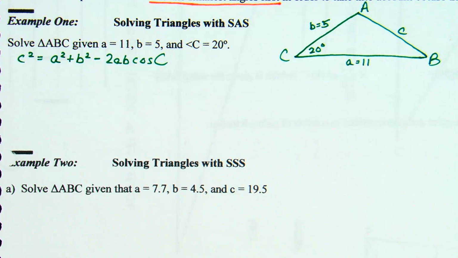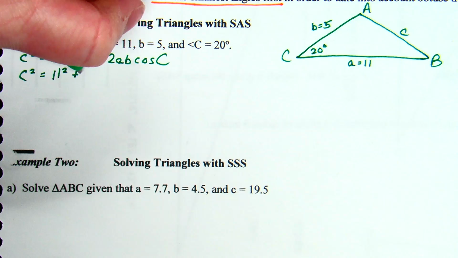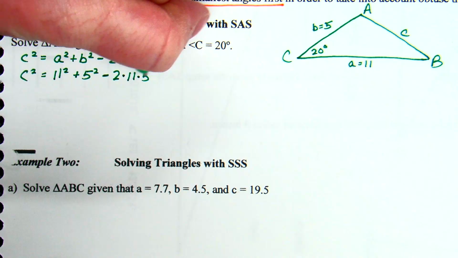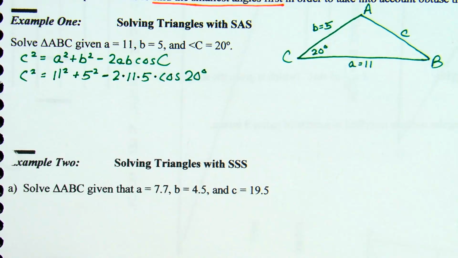C squared, I'm going to be looking for side C to begin with. So C squared equals A squared. So 11 squared plus B squared, so plus 5 squared, minus 2 times 11 times 5 times cosine of 20 degrees.